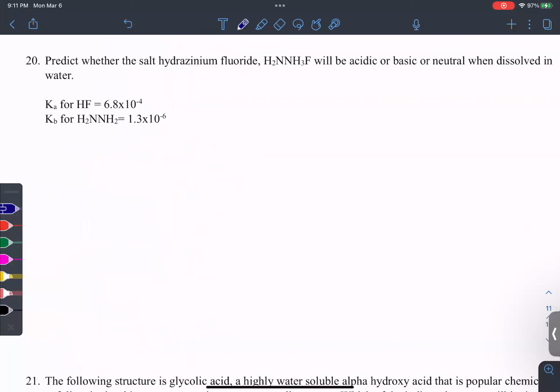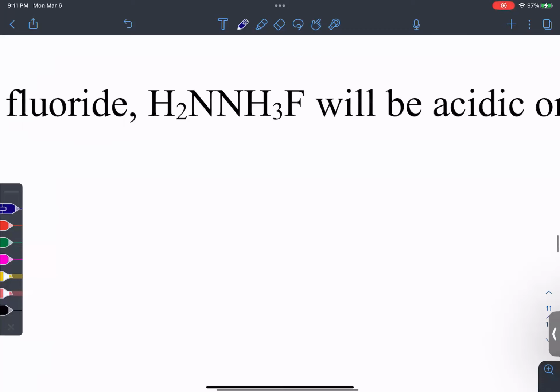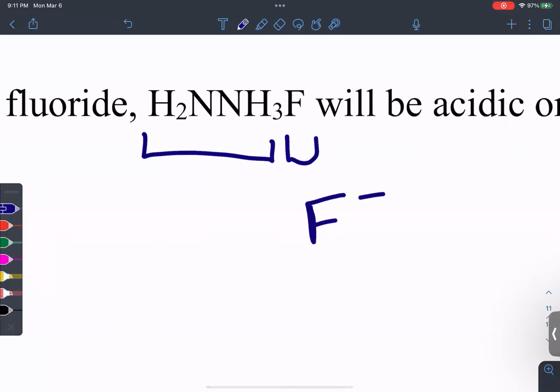So let's predict whether this salt, hydrazinium fluoride, is acidic, basic, or neutral when dissolved in water. Let's separate it. Fluoride, I know what that is. What is that anion? F minus. So that means the thing that it's attached to has to be what? Plus, yeah, so N2H5 plus.